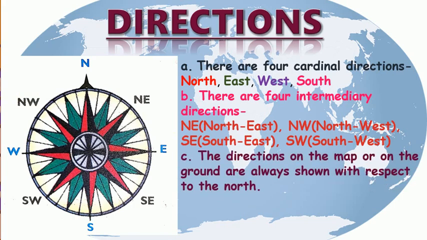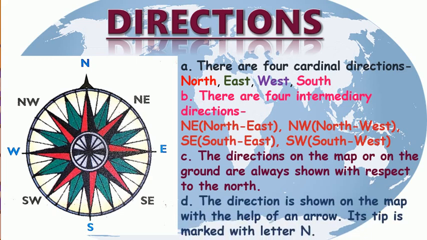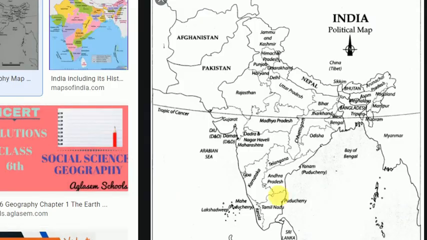Moving on, the directions on the map or on the ground are always shown with respect to the north. The direction is shown on the map with the help of an arrow, and its tip is marked with the letter N. Let me show you the map so that you can have a clear picture about it.